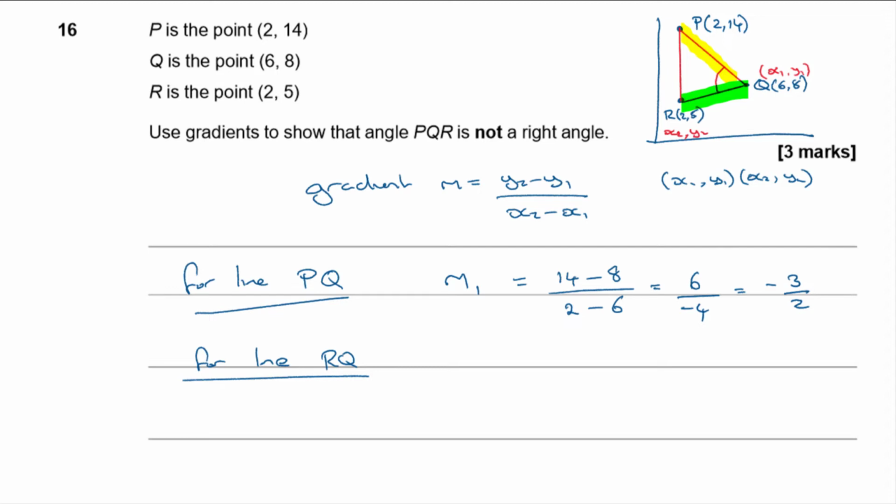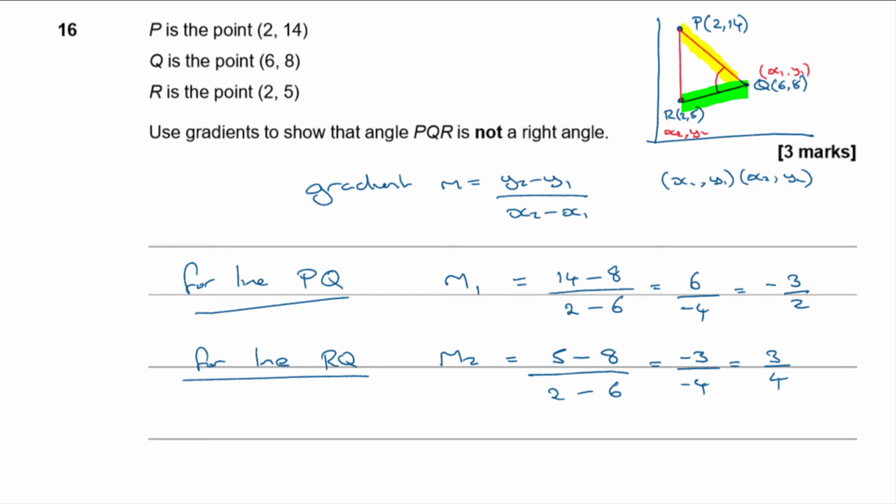Using the same formula, M2, my second gradient, is going to be y2, which is 5, minus y1, which is 8, divided by x2, which is 2, minus x1, which is 6. So 5 minus 8 is minus 3, and 2 minus 6 is minus 4. A negative divided by a negative is positive, so it's just 3/4.